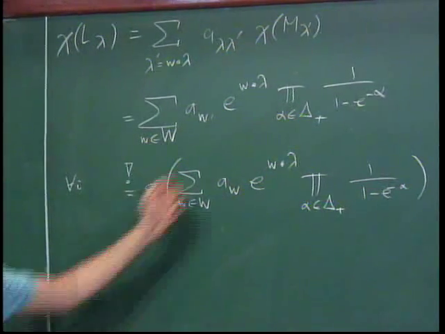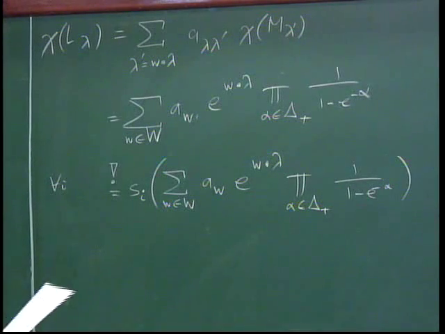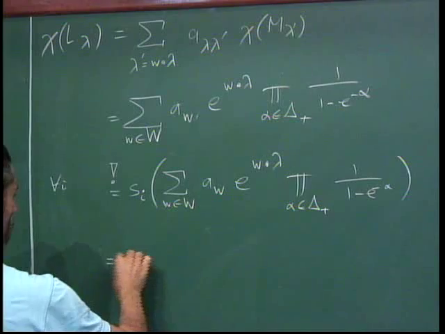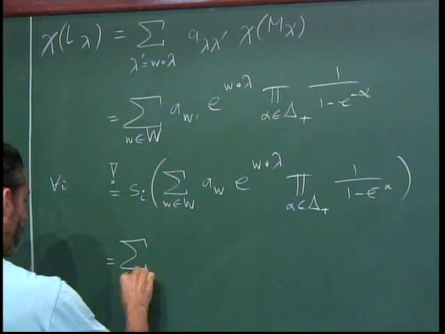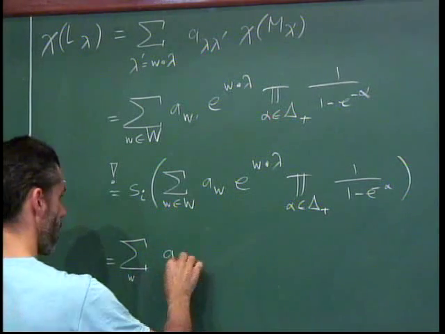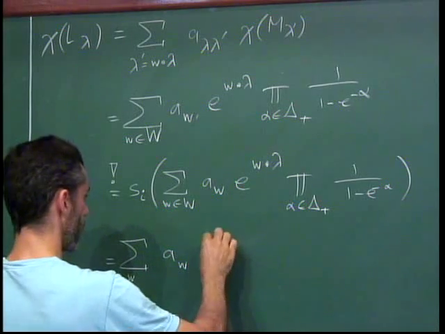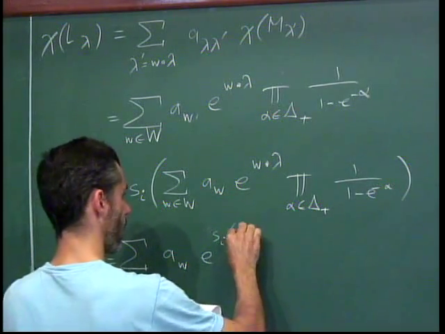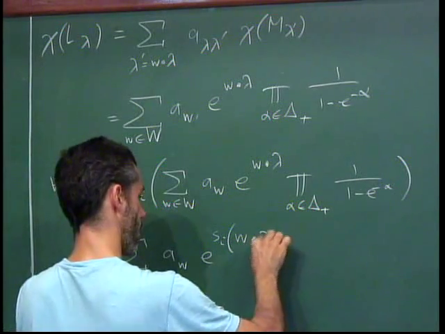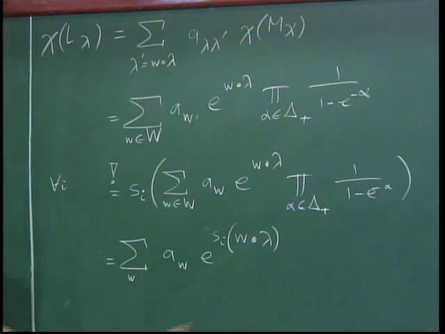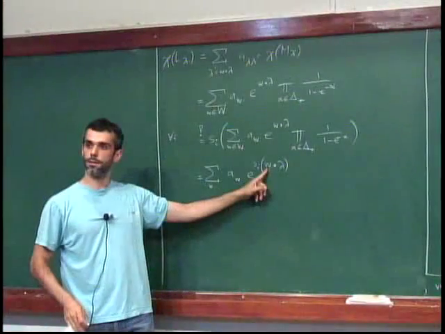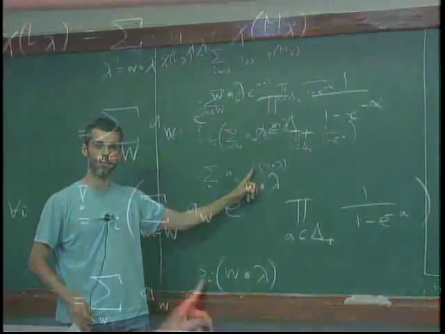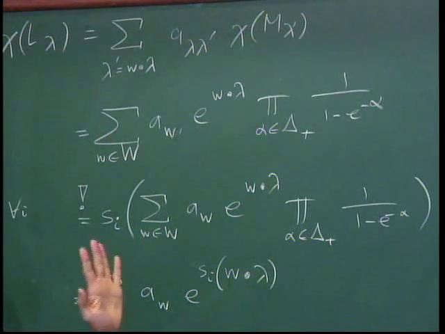Let me put now the Si inside the formula. So the sum over the Weil group remains, A_W e to the Si W. So this is a bit annoying. Both Si and W live in the Weil group. W acts via the shifted action, and Si acts via the non-shifted action.